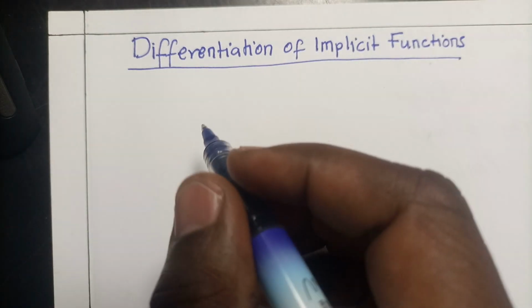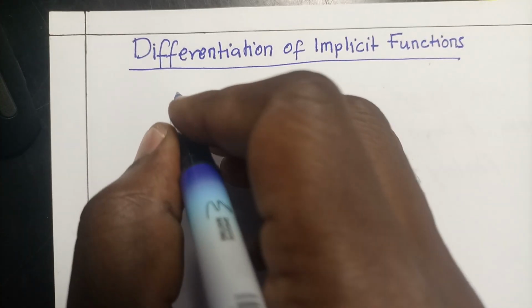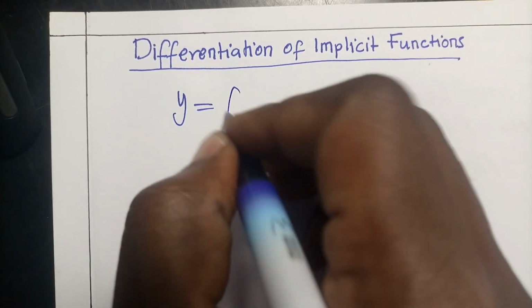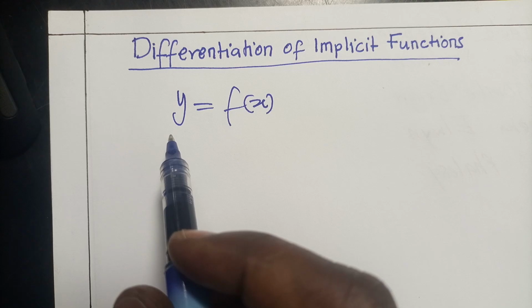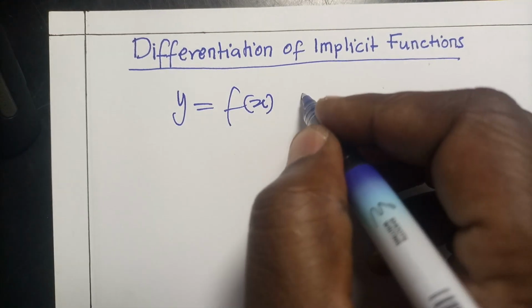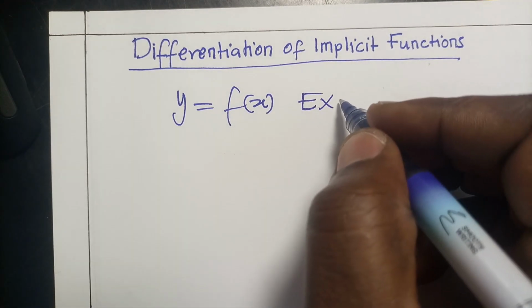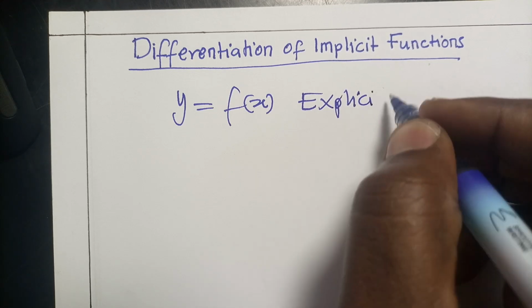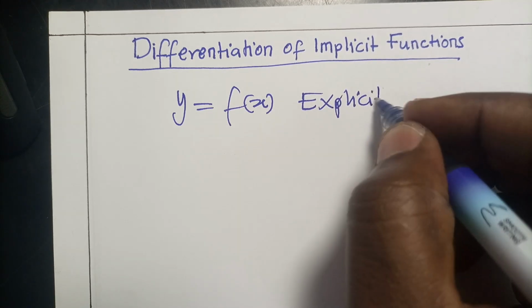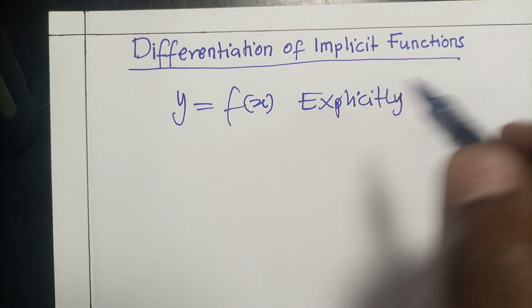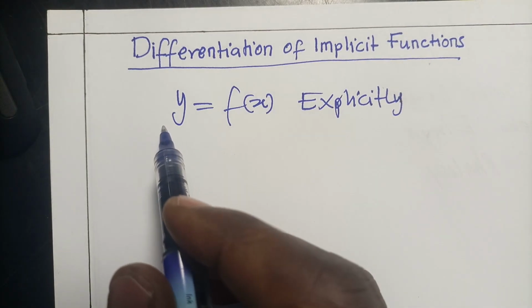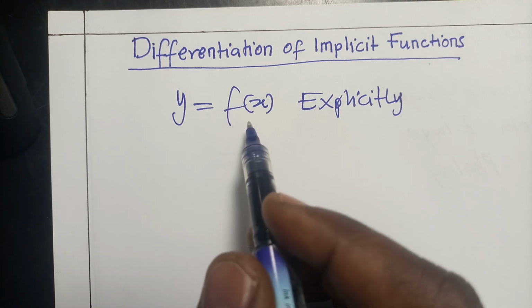When a function has the y variable explicitly defined, or y is the subject of the formula, this is known as an explicit function, where the variables are explicitly defined. The y variables are on one side of the equation and the x variables are on the other side.